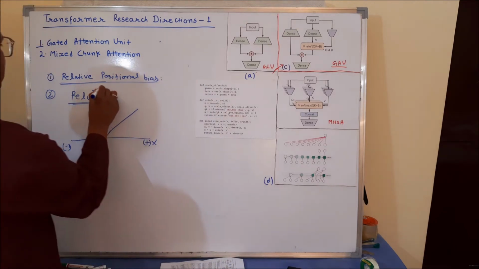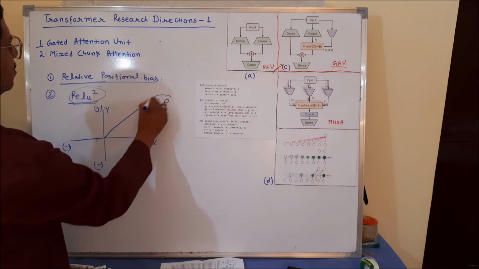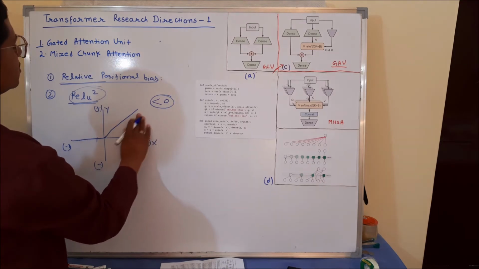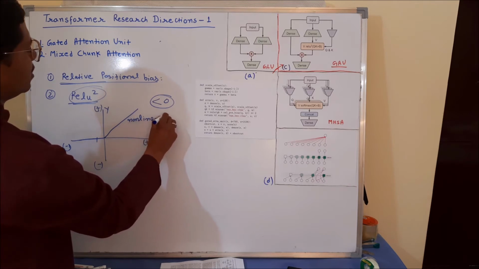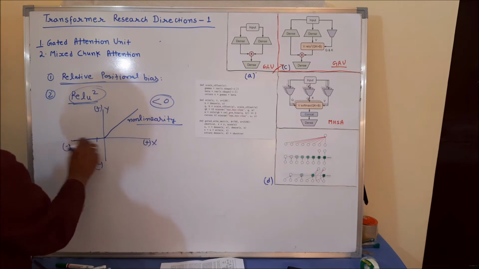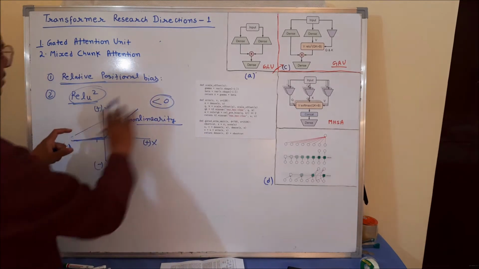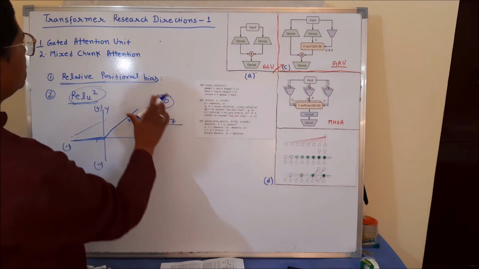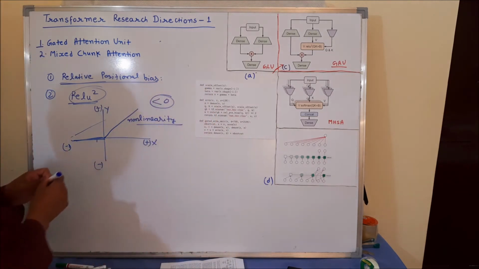But in the case of ReLU square, for values less than 0 also, it will show some non-linearity. Instead of this phase, the system will converge smoothly. That's why people prefer to use ReLU square in NLP based applications.